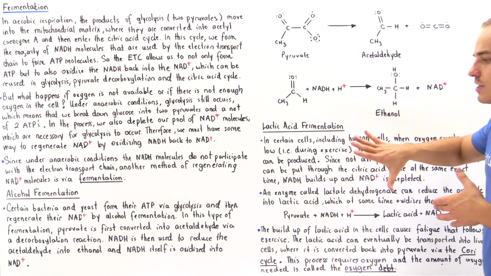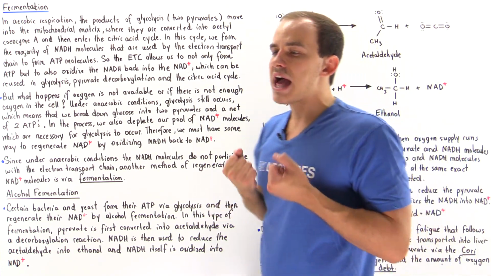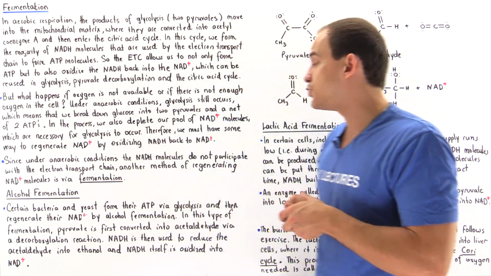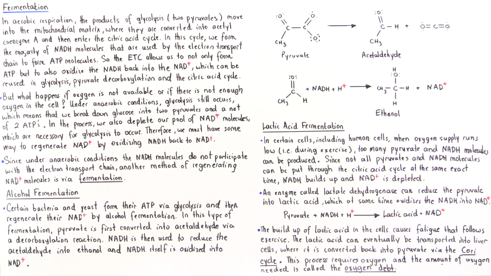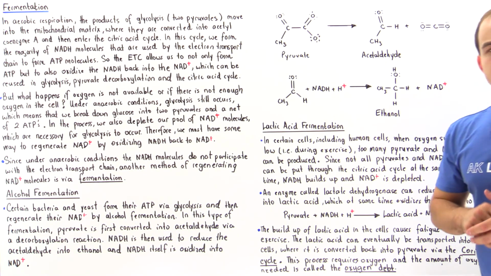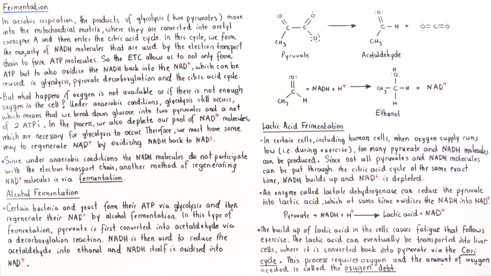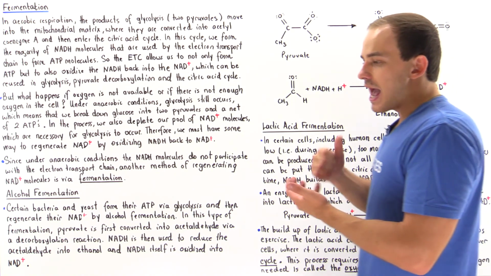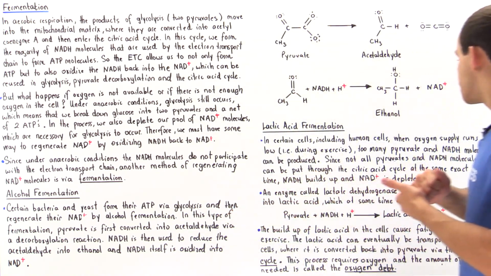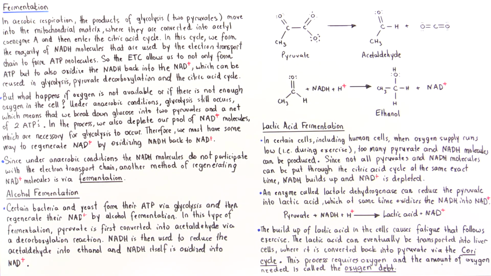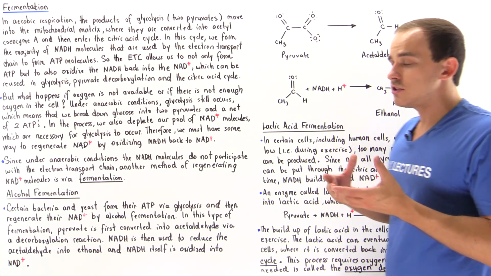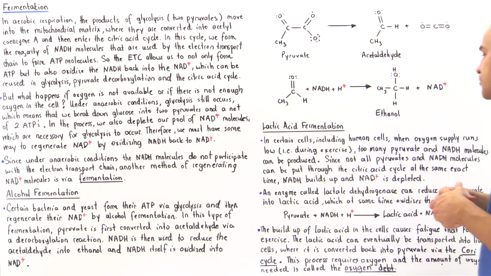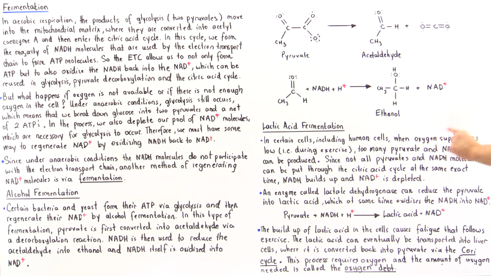Now let's move on to a more common cycle that takes place in human cells, known as the lactic acid fermentation. So in certain cells, including human cells, bacterial cells, as well as fungi cells, when oxygen supply runs low, for example, during some type of vigorous exercise, too many pyruvate molecules and too many NADH molecules are produced.